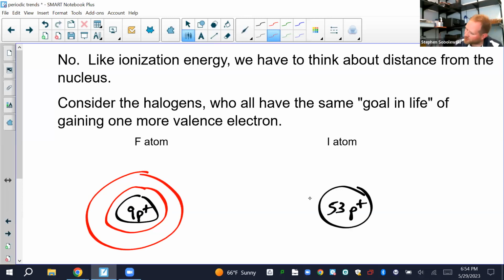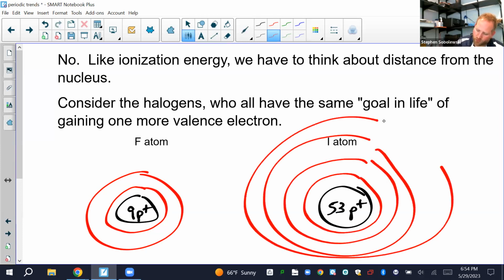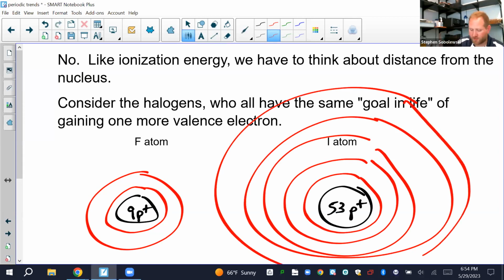Iodine has electrons in the first 5 energy levels. 1, 2, 3, 4, 5. How do I know that? The periods they're in. Now, each of these have 7 valence electrons here and 1 open space. 7 electrons, 1, 2, 3, 4, 5, 6, 7, and 1 open space.